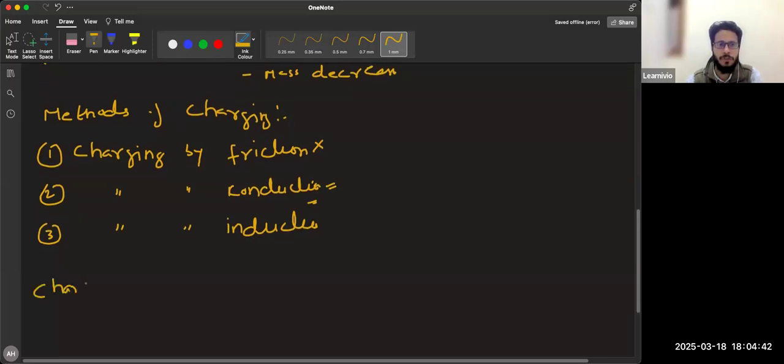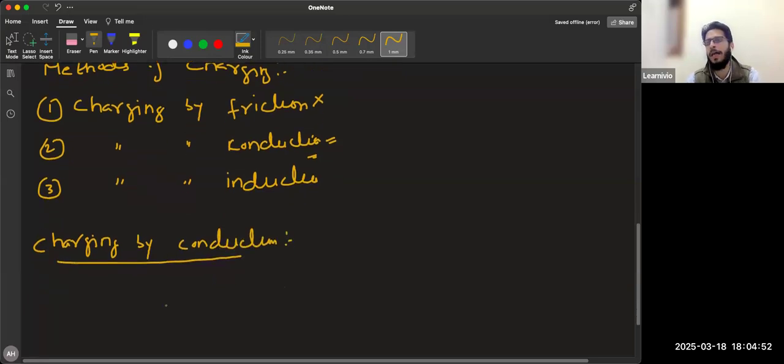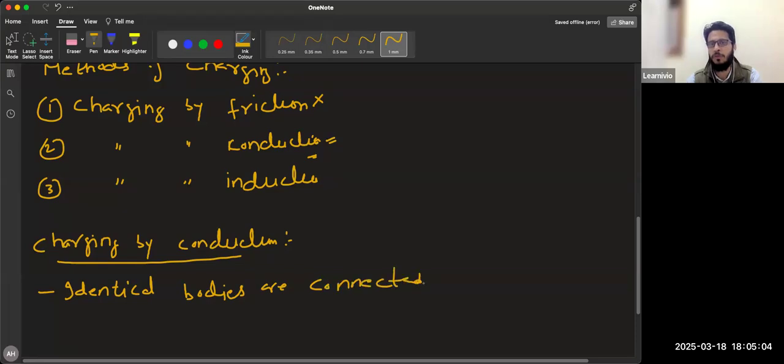So, charging by conduction. Here, at this stage, we can discuss only the cases when 2 identical bodies are placed in contact. Now this connection could be of any type. It can be connected through a wire, or the connection is by their direct contact.